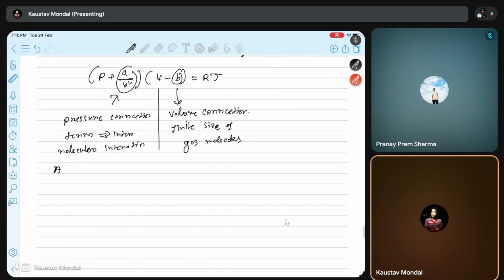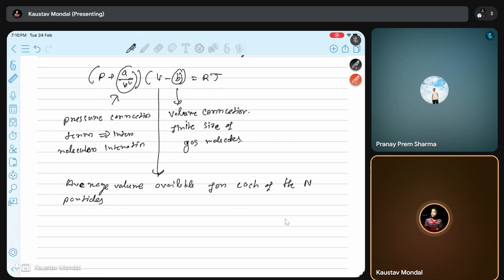What he calculated is the average volume available for each of the n particles.